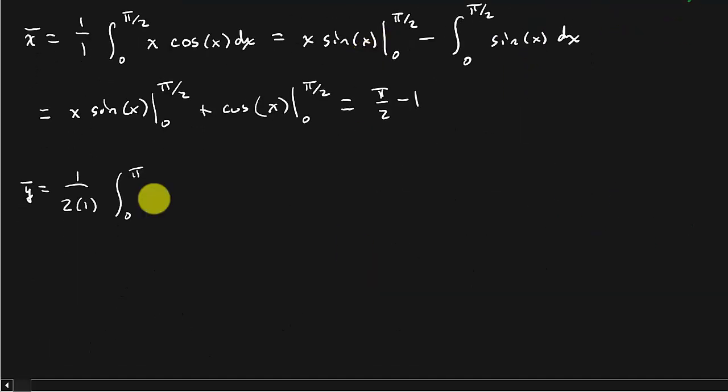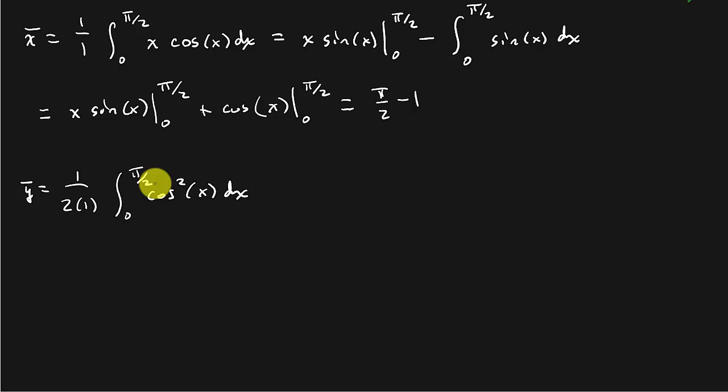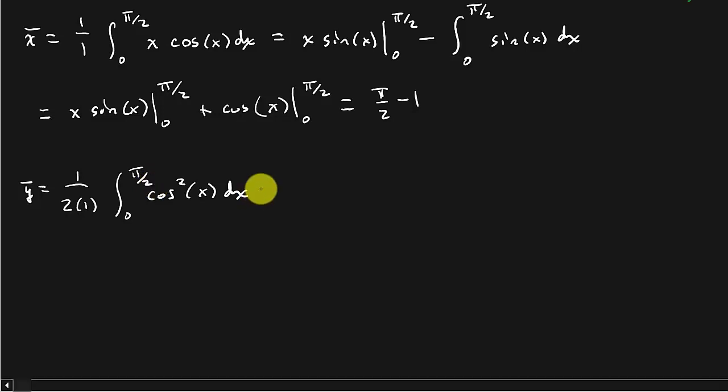So that's going to be cosine squared x dx. All right, now, how in the world do we work this one? Well, you probably did an example like this. If you didn't do it with cosine squared, you probably did it with sine squared.